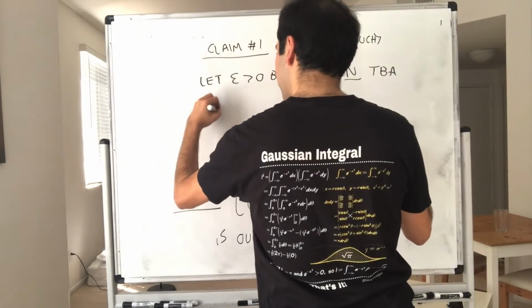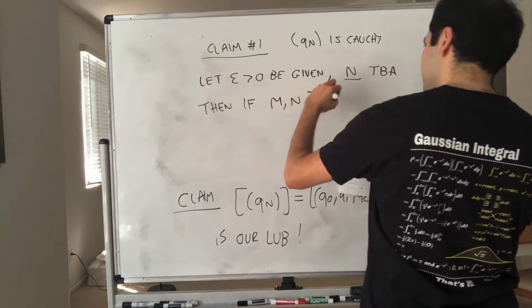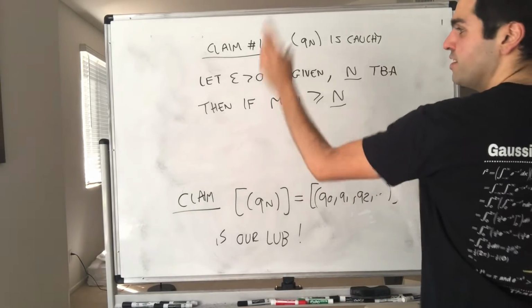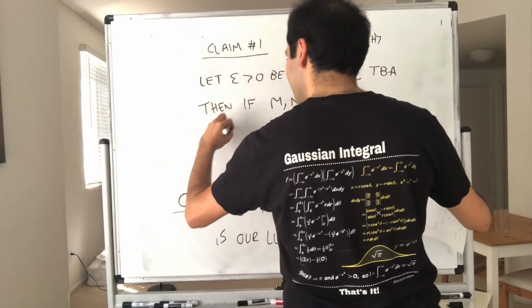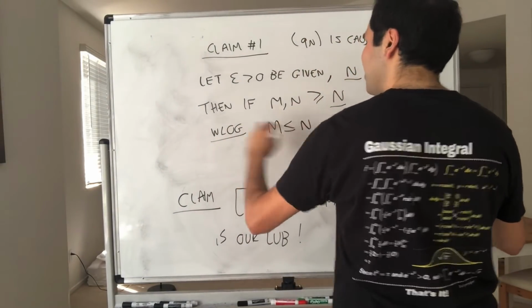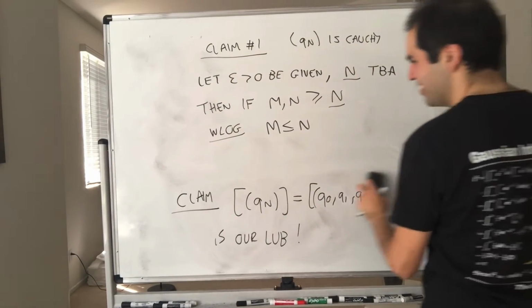Then, if m and n are bigger or equal to capital N, without loss of generality, assume m is smaller than n. So, one of them has to be smaller than the other one. So without loss of generality, assume m is less than or equal to n.